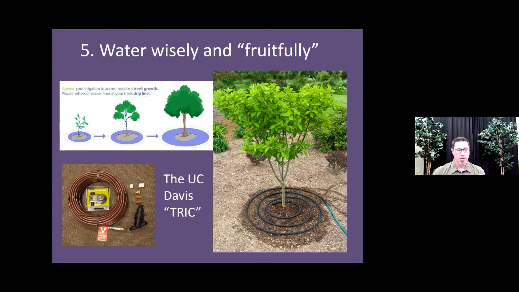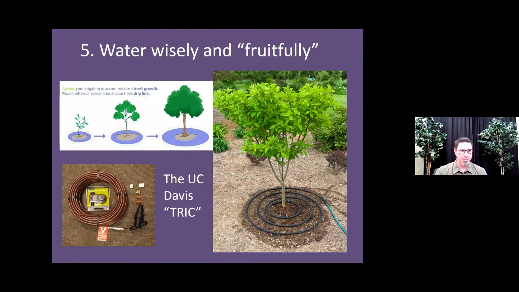UC Davis has recognized that watering trees and shrubs is challenging for folks, so they developed something called the TRIC, the Tree Ring Irrigation Contraption. It's a kit, and it really is good for home gardeners planting fruit trees.